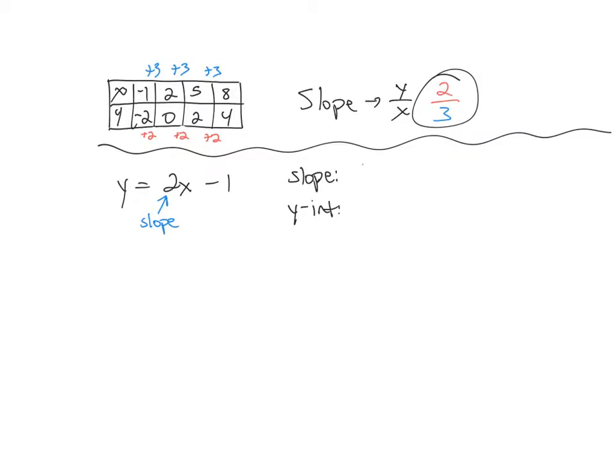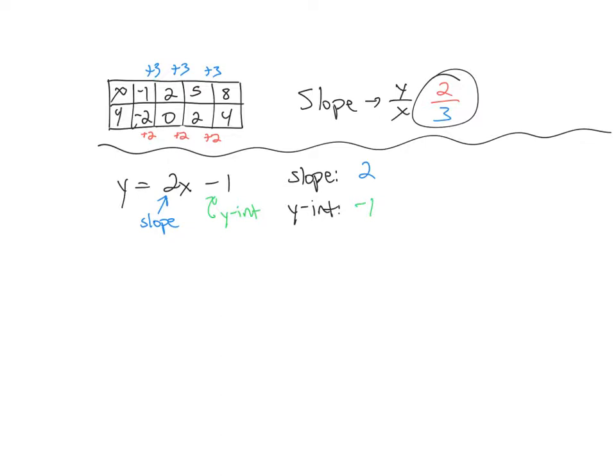So the slope is 2. The slope is not 2x, it's the number. It doesn't include the x. And the y-intercept is -1. And you're done. You don't have to do anything else.